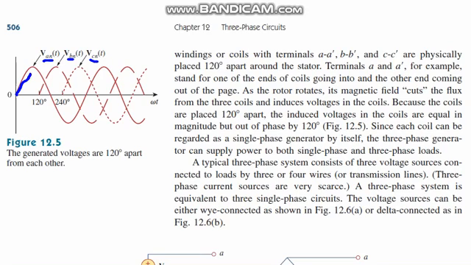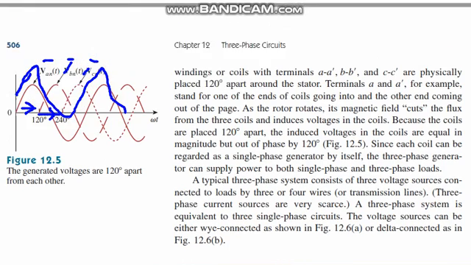The first voltage VAN is at 0 degrees. The second is 120 degrees apart, and the third another 120 degrees apart, that means 240 degrees. So that is VAN, that is VBN, that is VCN. The generated voltages are 120 degrees apart from each other. Here a description has been given so you can better understand.